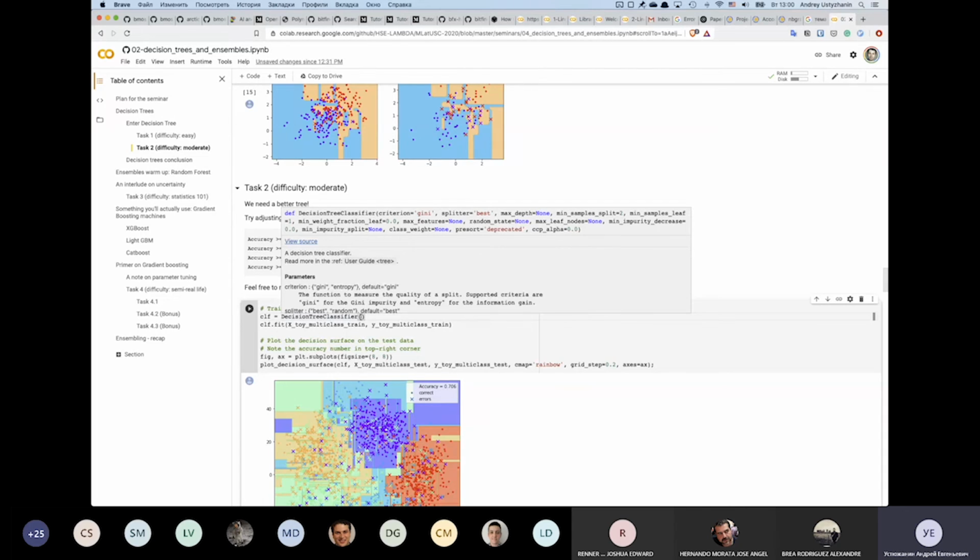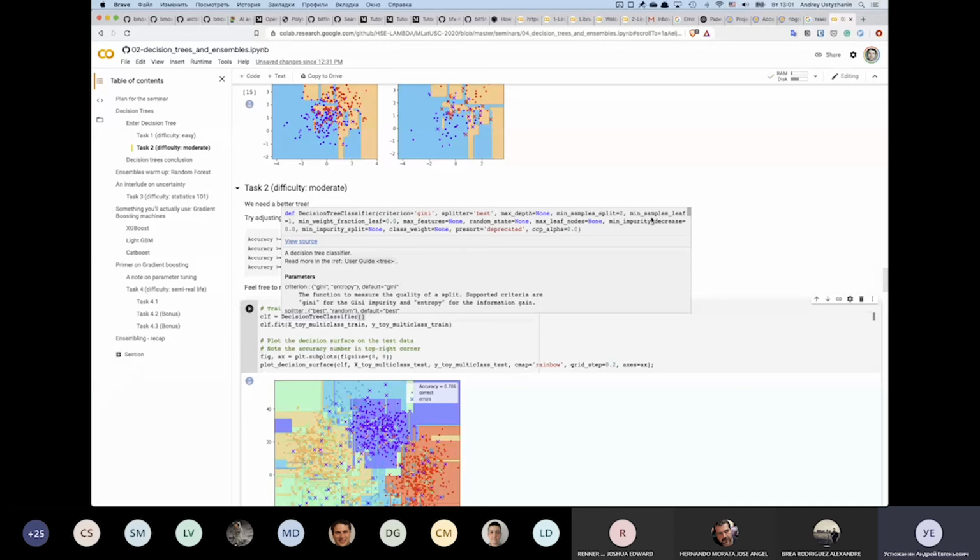Multi-class classification sample. So you see we can play with different criteria for splitting. We can change the depth. We can change the number of samples.